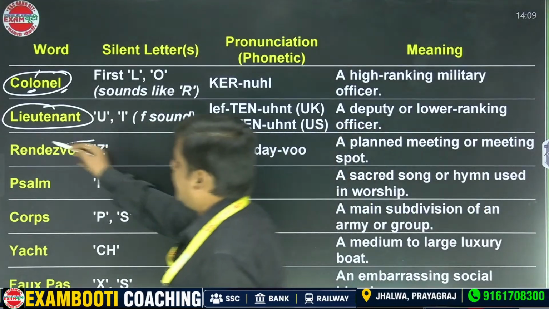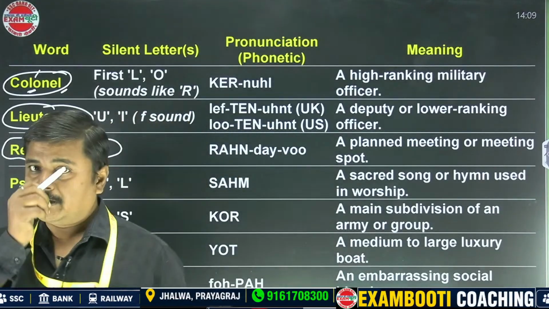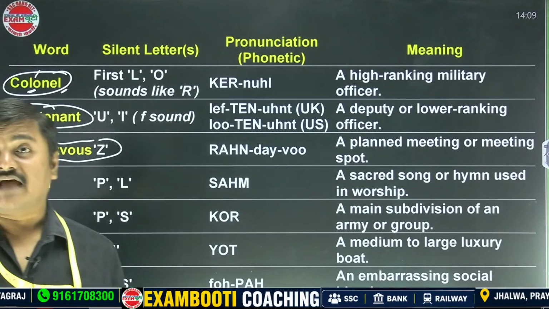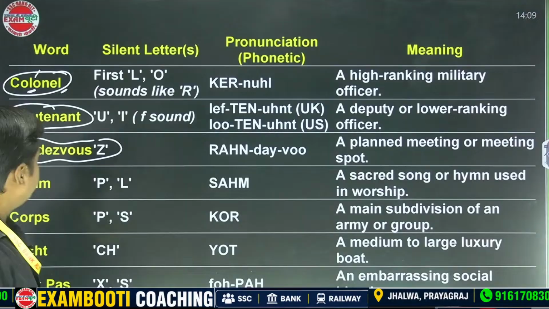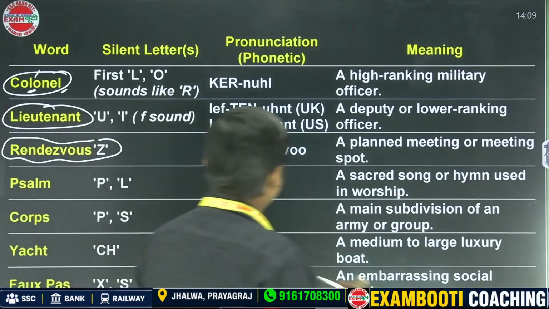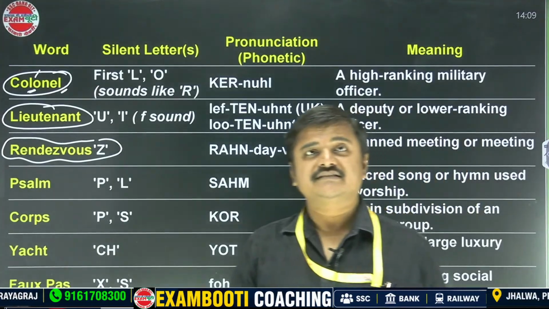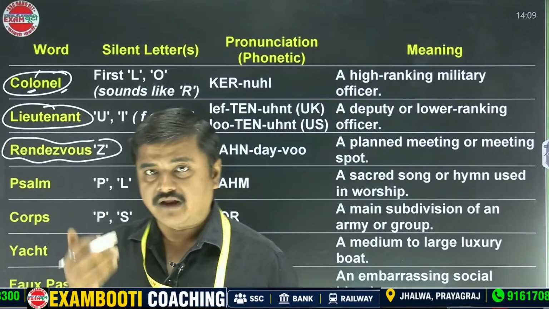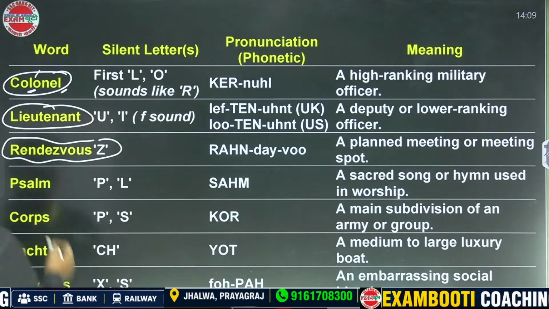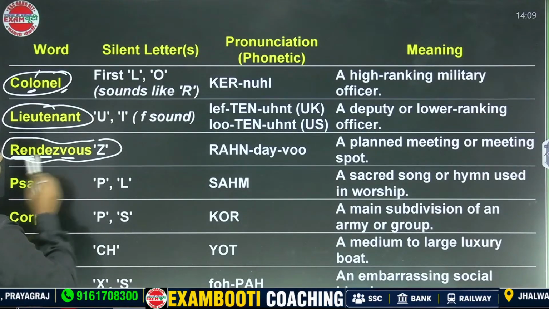Another very important word. This is the word in which you will find more than one letter silent. This word is spelled like that, pronounced like rendezvous. This is rendezvous. Here, rendezvous.